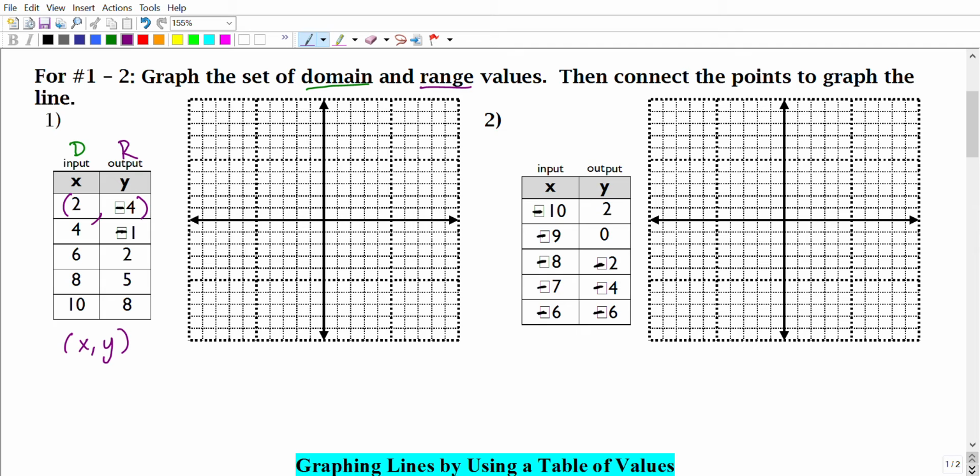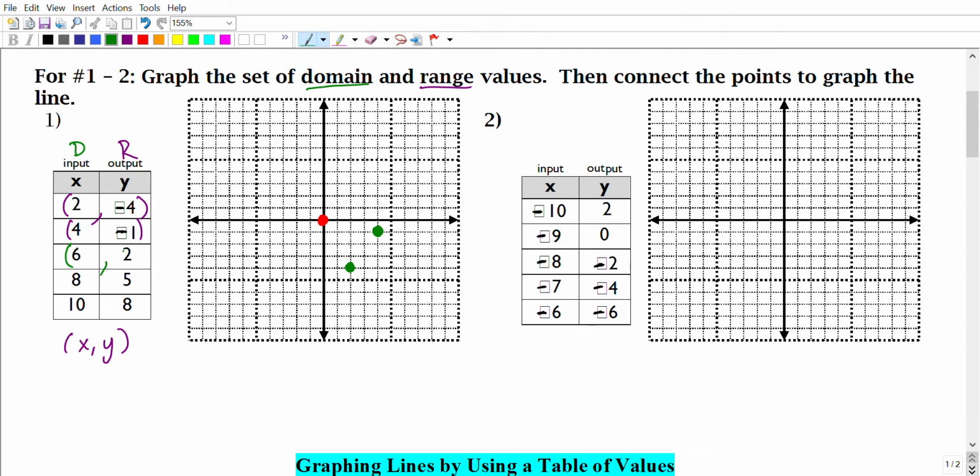So our first ordered pair is 2 comma negative 4. Remember, for each ordered pair, you're always starting from the origin, okay? So starting from there, I have 2 to the right, and down 4. Okay, that's my first ordered pair. The next one is 4 comma negative 1, so to the right 4 and down 1.